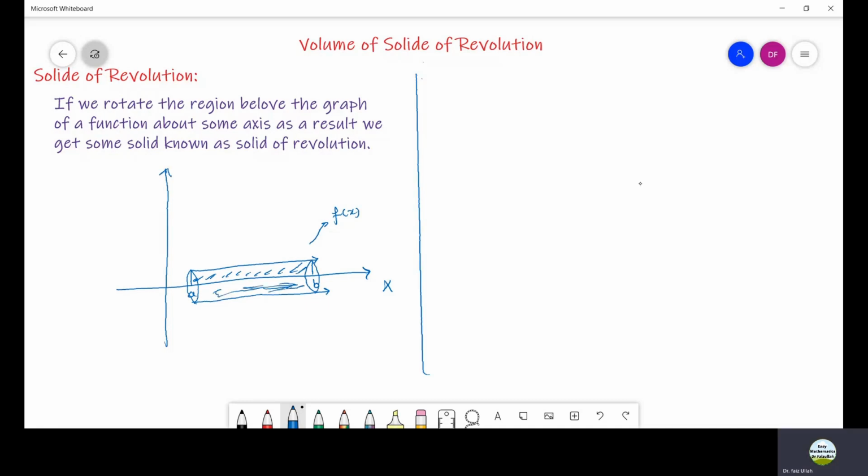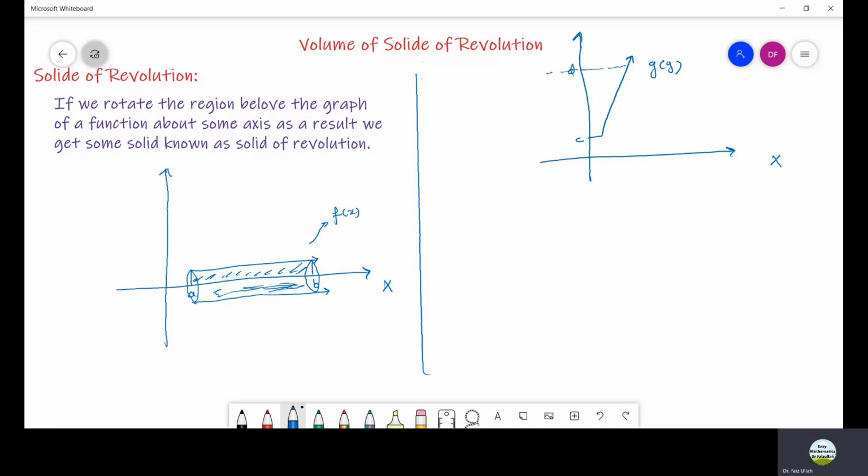Now let us draw the graph of another function. This is y-axis, this one is x-axis. Let us say the graph of some function is like this one. This is a function g of y, which is from y is equal to c to y is equal to d.